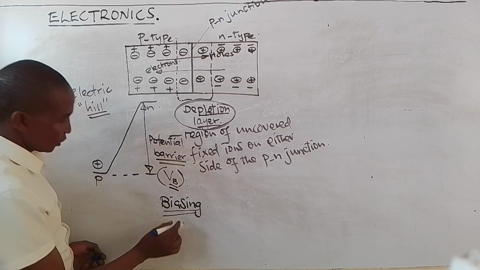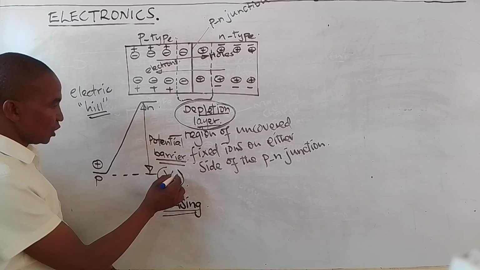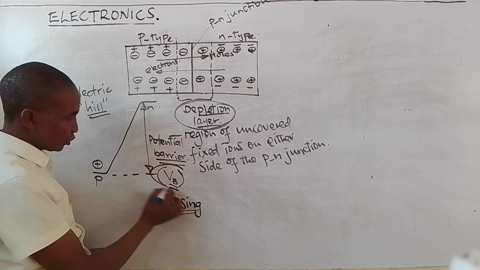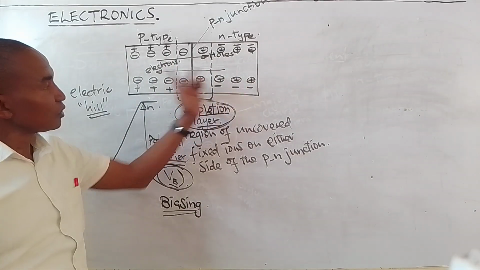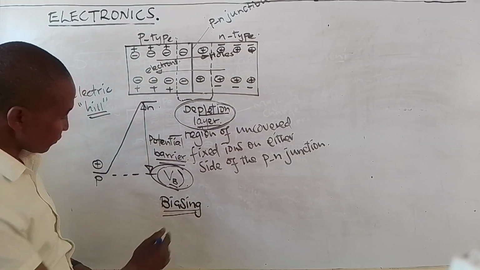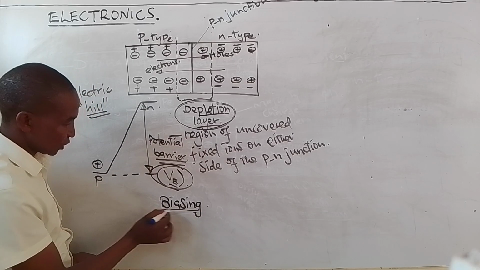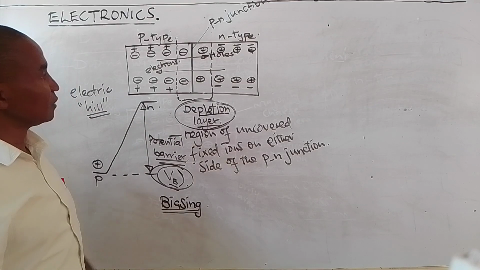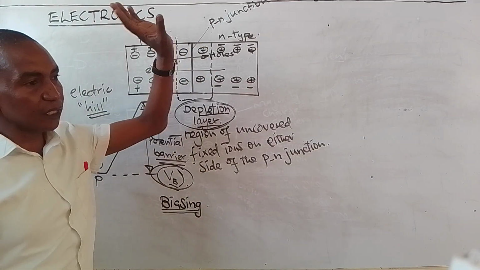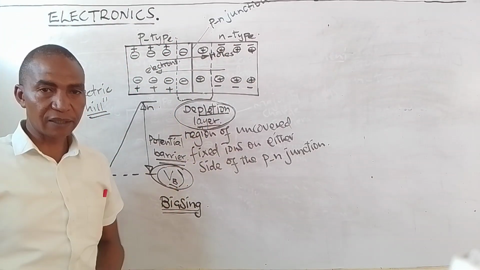So through that process of biasing, we shall be able to provide enough voltage that will overcome this potential barrier and that will make this p-n junction start conducting again. So in the next video, we shall start from biasing. We want to see how biasing is done. How do we bias a p-n junction to remove this depression layer?